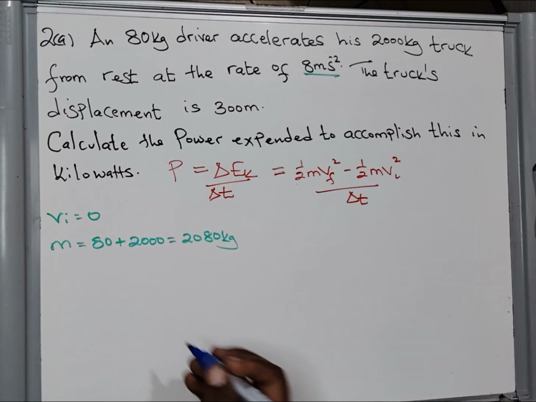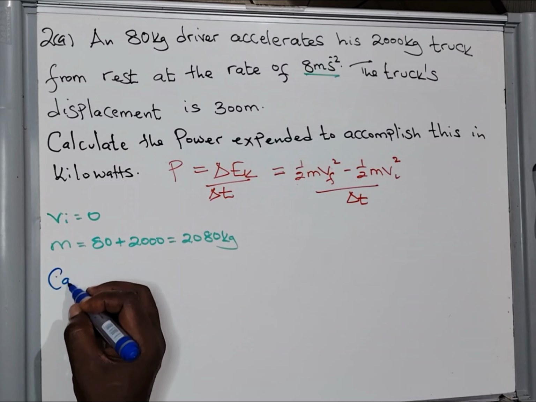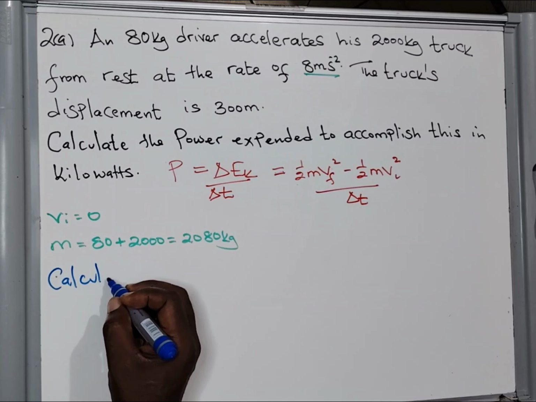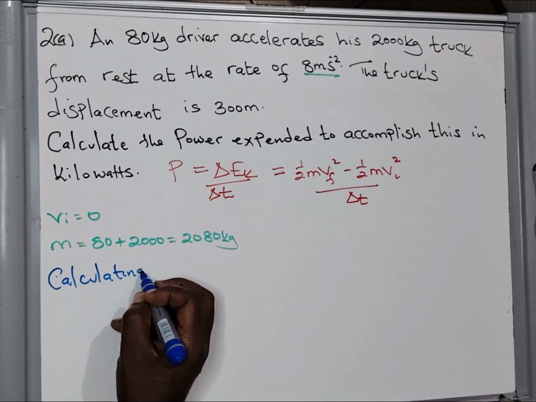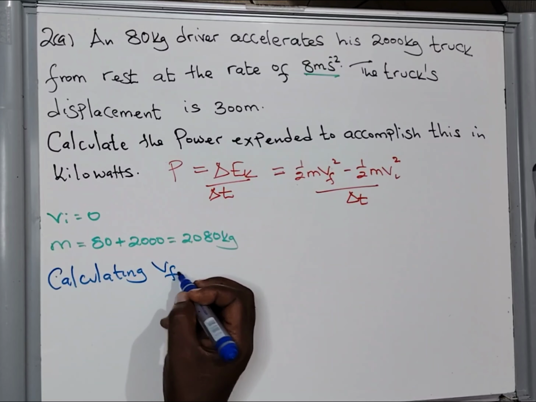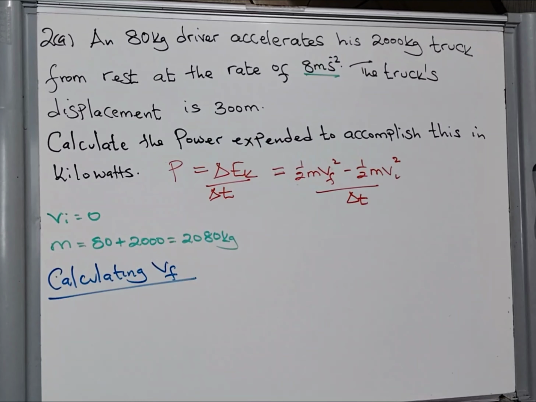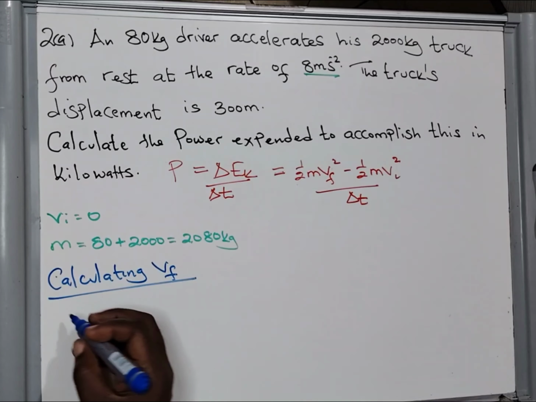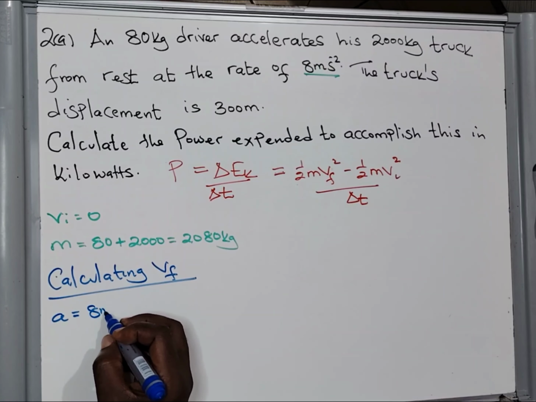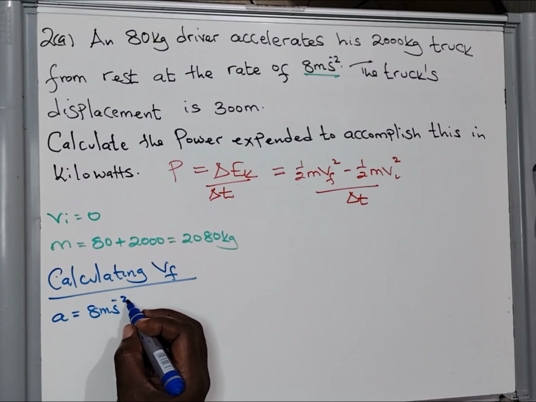Let us start with calculating Vf. What do we have in this case? We know acceleration, which is 8 meters per second squared.